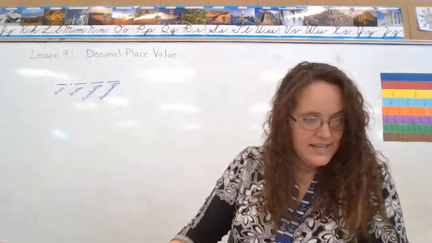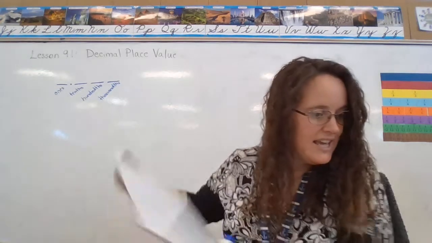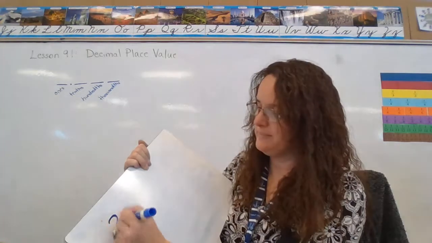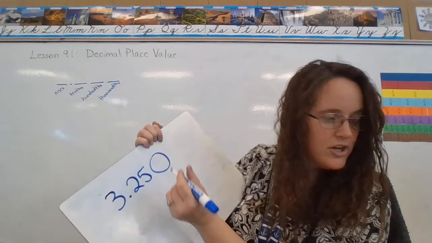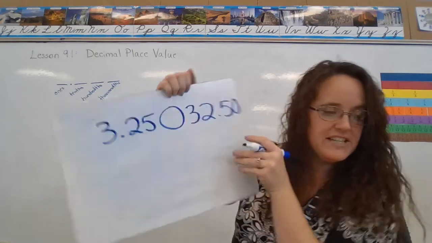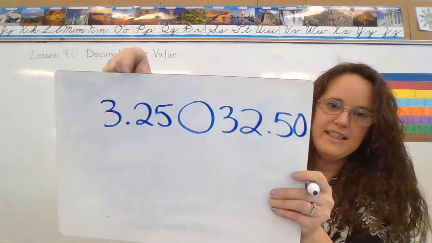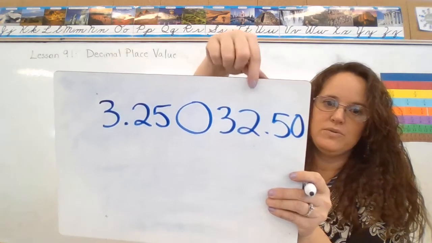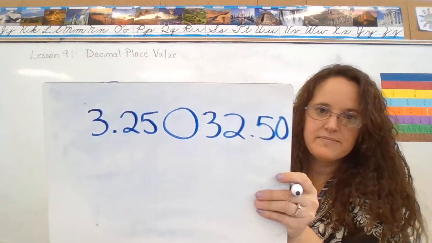All right. Our next problem that I'm going to have you practice is a comparison problem. 3 and 25 hundredths compared to 32 and 50 hundredths. Is this greater than, less than, or equal to this number? Tell me what you think.